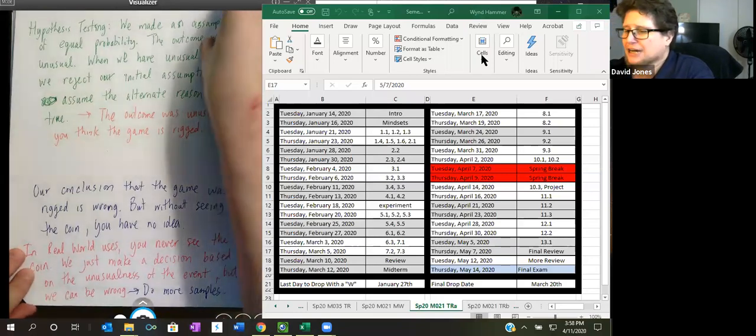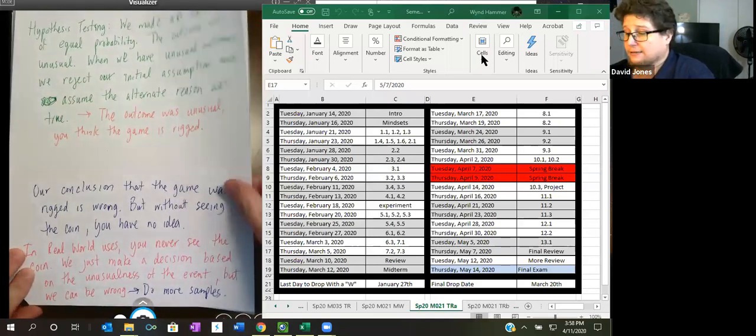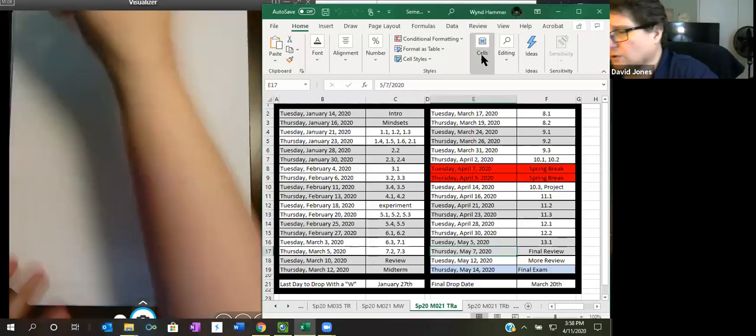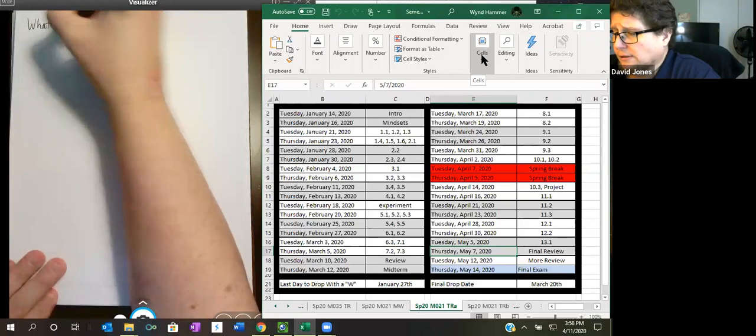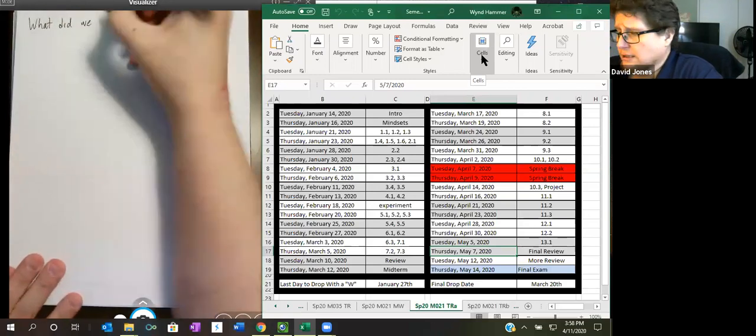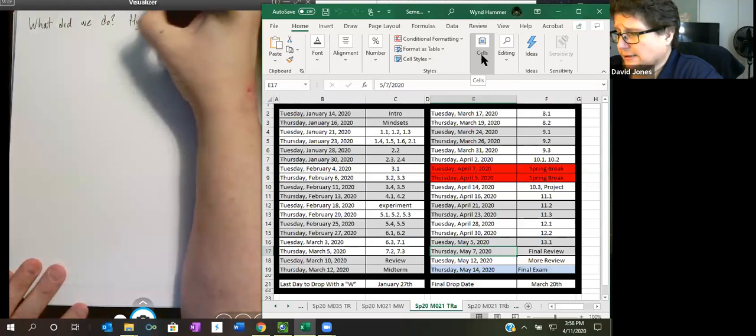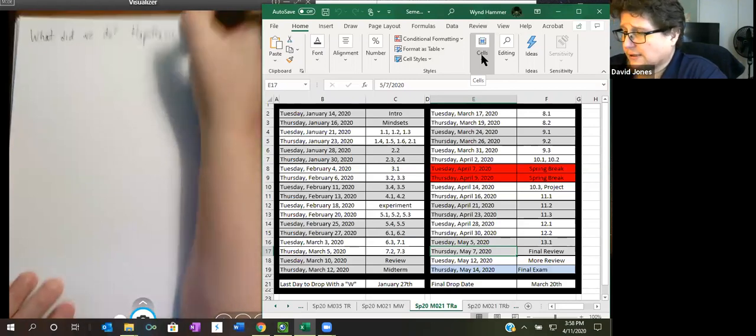And what did we actually do during this process? This is the very heart of hypothesis testing. Very idea.